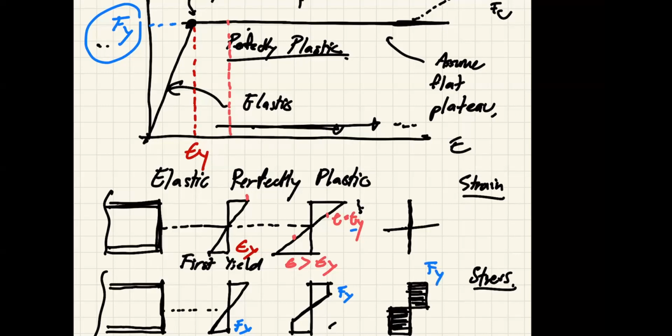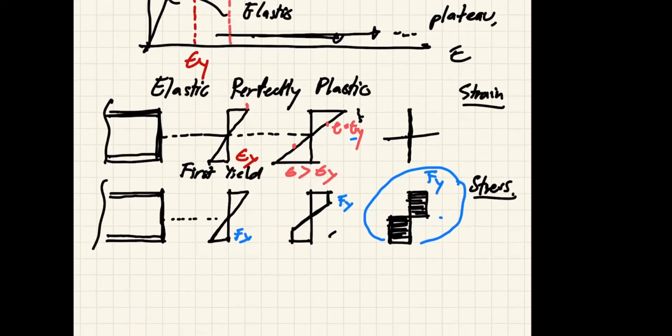Now you have the entire cross section yielding, and your cross section cannot take anything anymore because every single bit of the area of your cross section reaches Fy. Everything yields. So this is when something called a plastic hinge is developed.